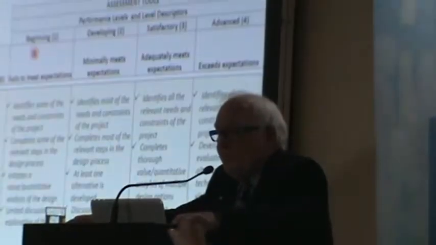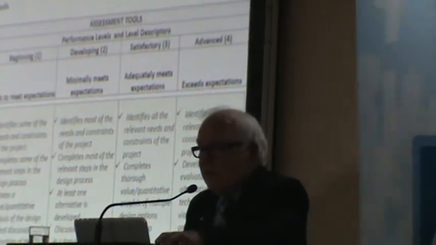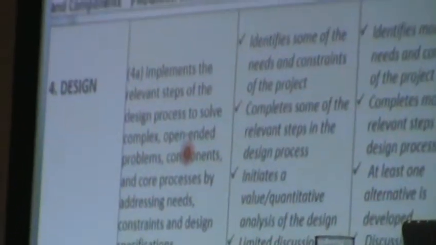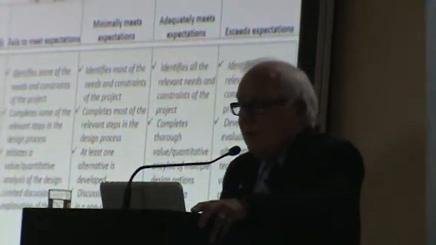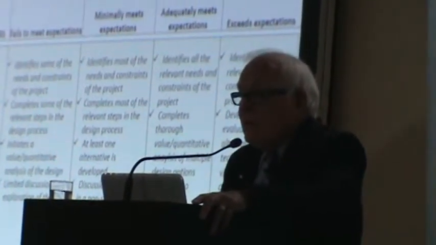receives. If we go into the design graduate attributes, once again, I've just picked one particular indicator. You recall there were 4 indicators for design, but this particular indicator represents the one in which design is being measured, not health and safety and some of the others. And once again, you can see we're interested in a plot of the assessment tools, but also performance level and level descriptions.